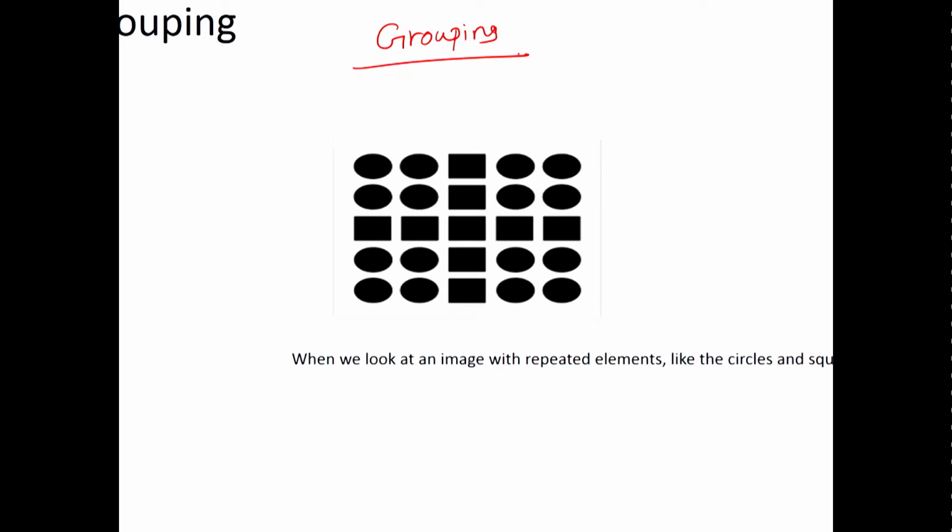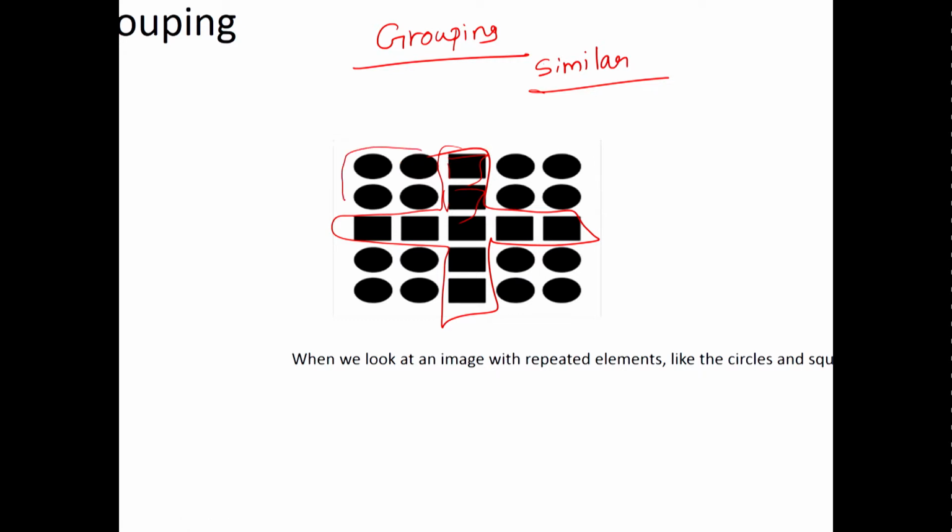Of the principles of Gestalt, the first is Figure-Ground, and the second one is grouping. We tend to group objects that are similar. Similar objects are grouped together. For example, in the picture, all these rectangles are grouped together and form this plus sign.